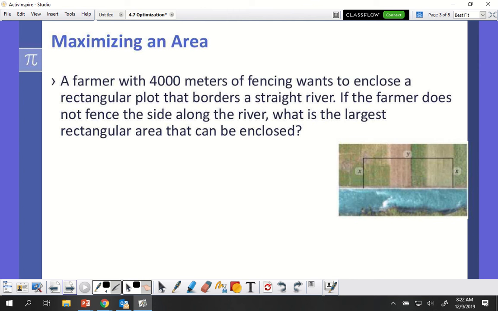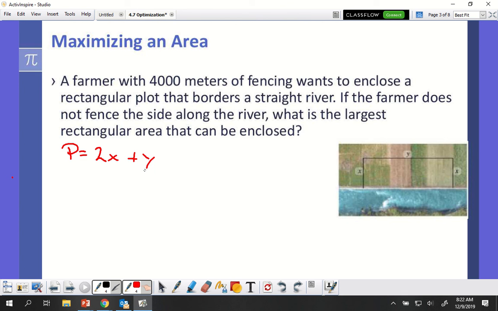So, in this case, we already have a drawing. So, we have a river, and we have three sides on it. Okay, so now, I would write that my perimeter, so P is equal to 2x plus y, right?